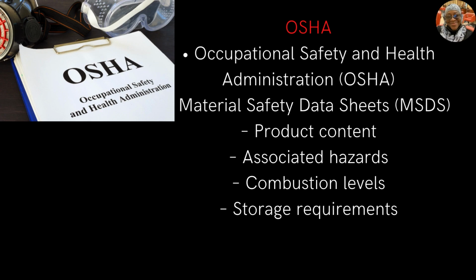So let's talk about a federal agency that you most likely will get a question like this. So, what is OSHA? OSHA is the Occupational Safety and Health Administration. They regulate the material safety data sheet, which is now called the safety data sheet. They took the material off.